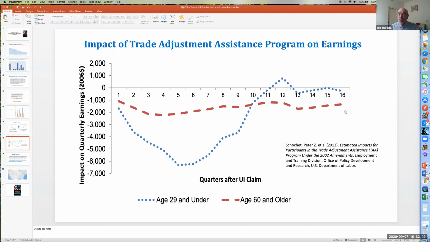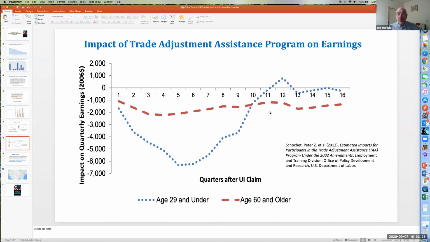For those elderly workers who are receiving this kind of training, they never recover wages that are comparable to their counterparts who did not receive the training. So, as well intentioned as this program is, and focused directly on the problem that is of concern to many, it does not appear to be the solution.